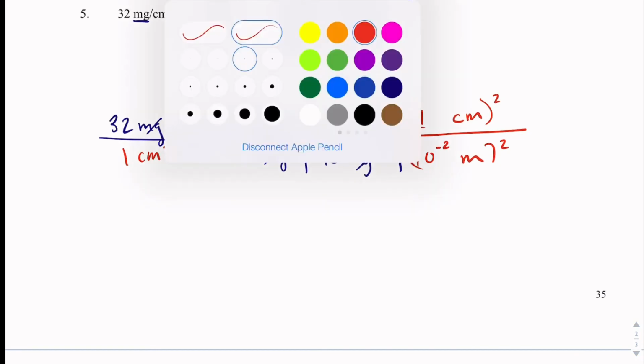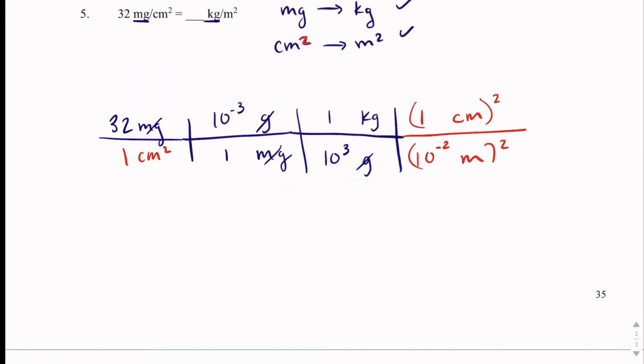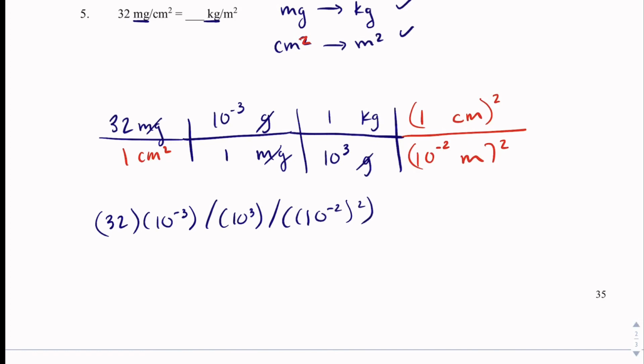So what you plug into your calculator is 32 times 10 to the minus third times, that's a 1, so 1 squared is still going to be 1, divided by 10 to the third, and then divided by 10 to the minus second squared. And you probably need double parentheses on that to keep everything in the correct spot.